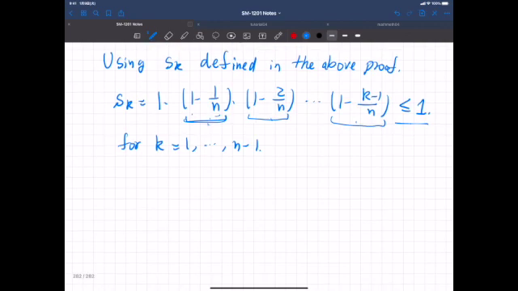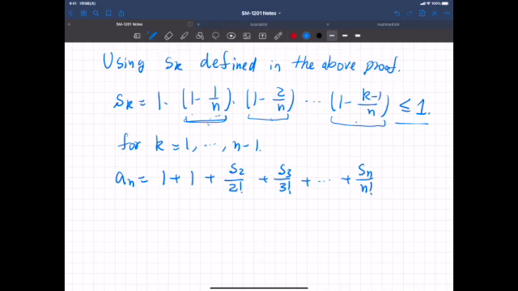And so we have a_n equal to 1 plus 1 plus s2 over 2 factorial plus s3 over 3 factorial and so on up to s_n over n factorial.